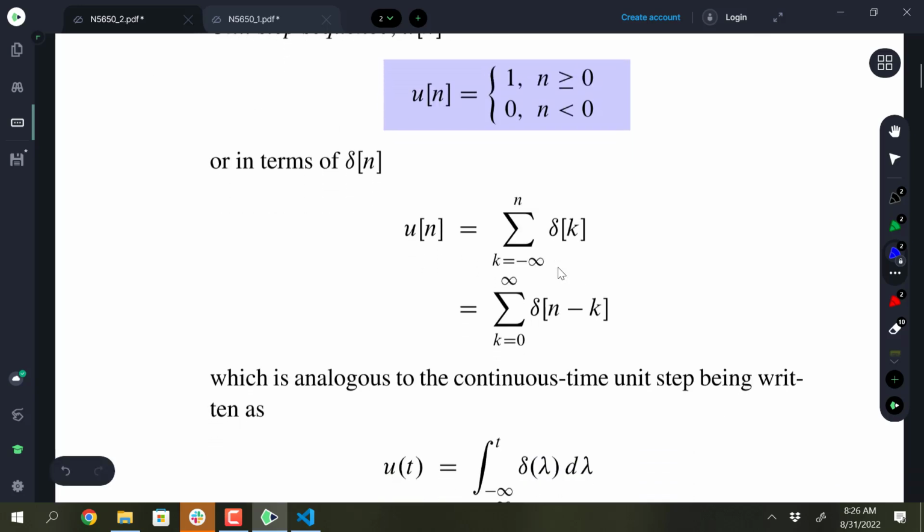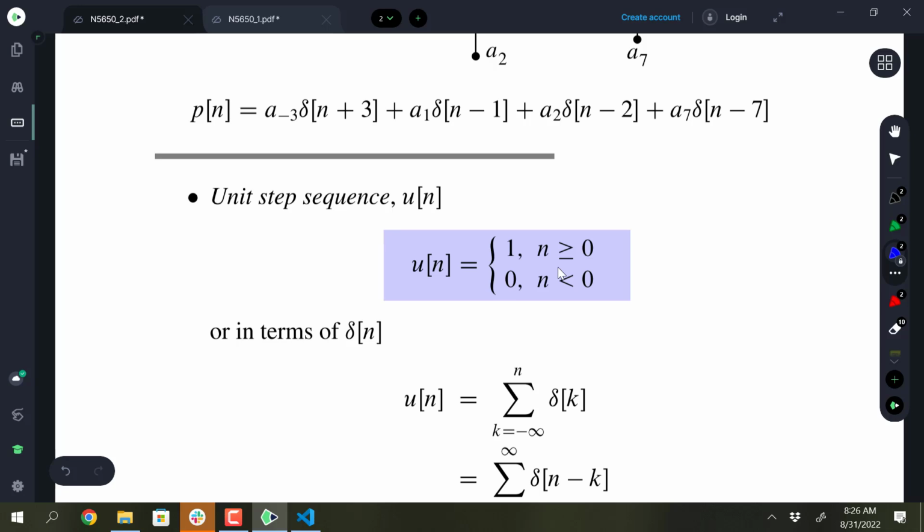It is analogous to u of t in the continuous time domain, but u of t is typically defined to be 0 for t less than 0, 1 for t greater than 0, and not defined for t equals 0. Remember that? That's troubling too, isn't it? Is it halfway at that point?